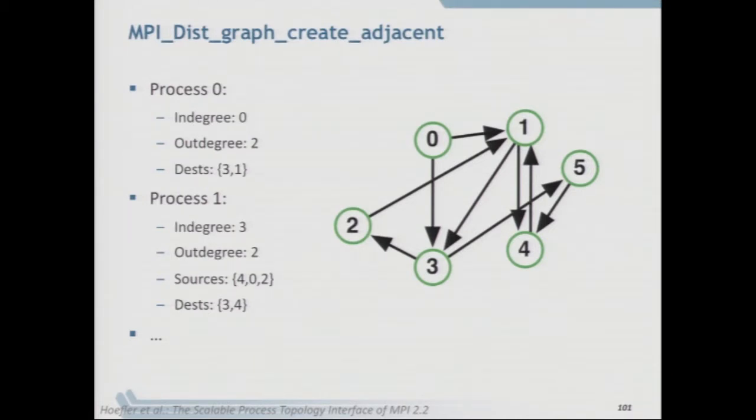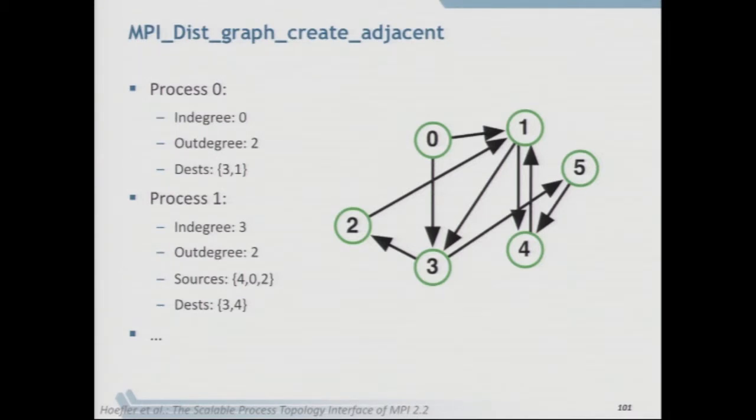So the in degree will be 0, and there will be no sources. The sources will be effectively ignored there. There's nobody sending to you. The out degree will be 2, because there are 2 it's sending to, and the destinations are 3 and 1, right? So that's what it would pass to this function.